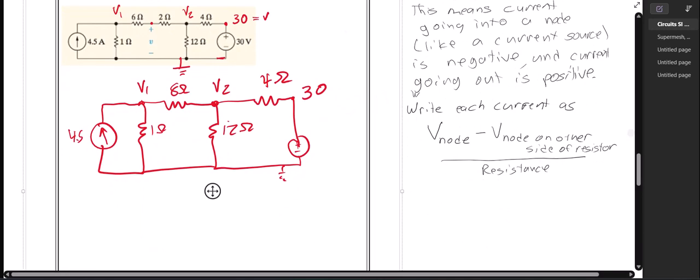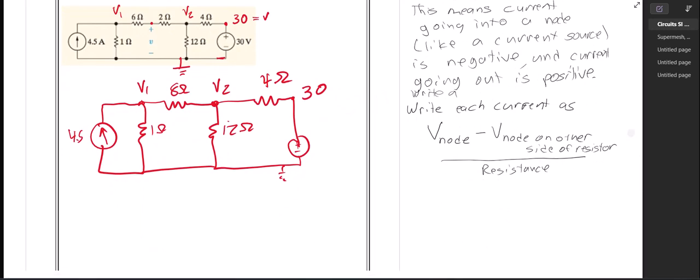Probably should have written this first. And as we write the currents for that node, we write them as the voltage at that node minus the voltage at the node on the other side of the resistor, over the resistance, because that's what current is. It's the change in voltage.